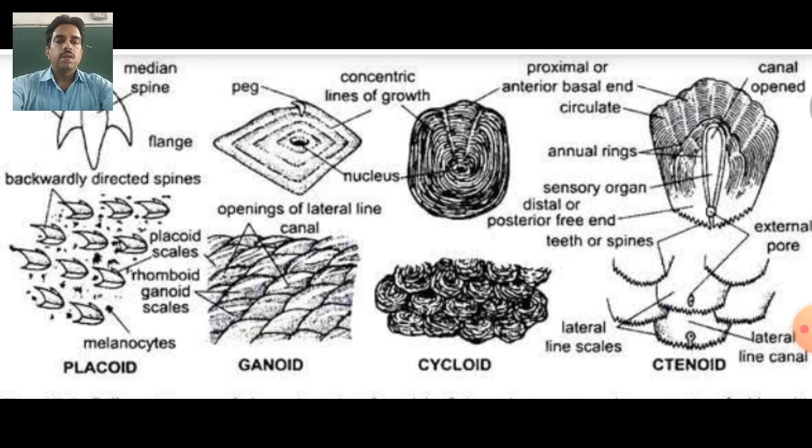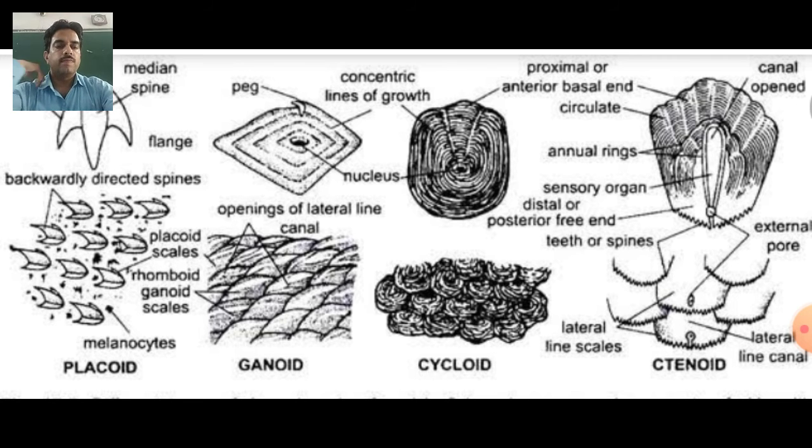The cosmoid scales do not occur in living fishes. They were only present in extinct fishes. Cosmoid scales were present in ostracoderms and placoderms along with extinct sarcopterygians, that is lobe-finned fishes and lungfishes.